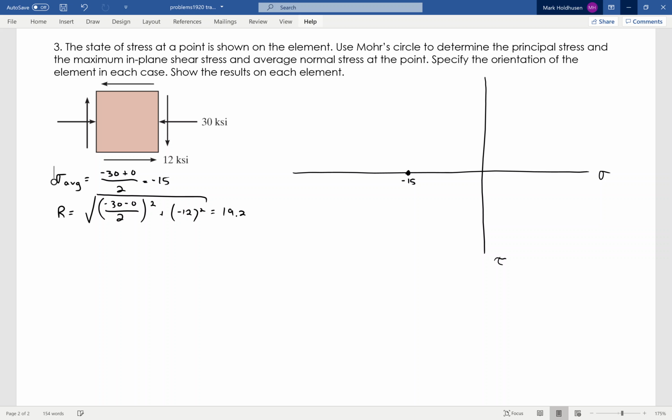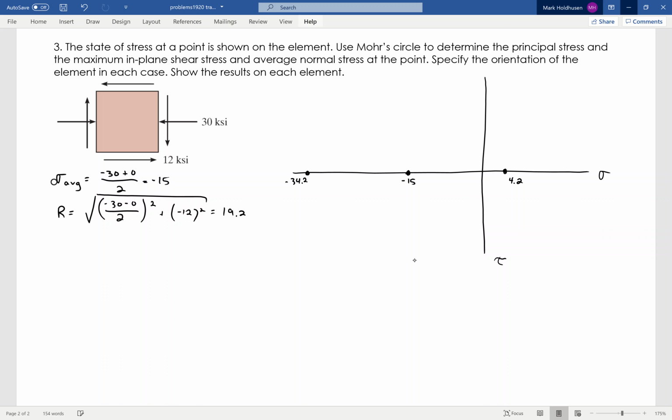So I can think about what this will look like, meaning 19.2 in this direction, I'll have 4.2 over here, going 19.2 in the other direction over here, this will be -34.2.